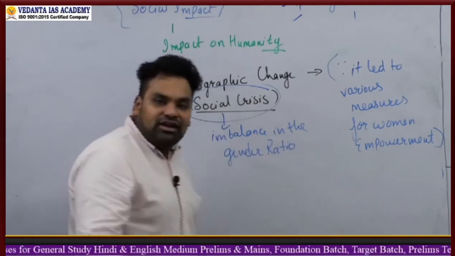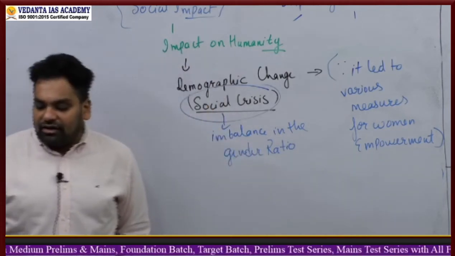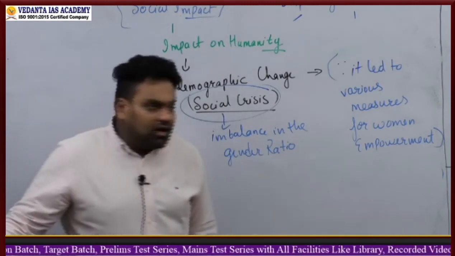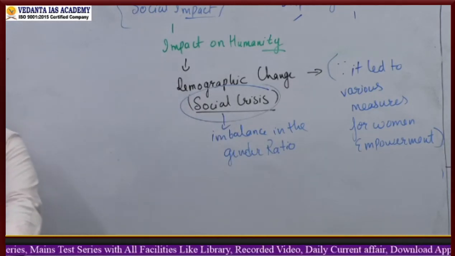So it actually proved to be a boon for women empowerment, right? That is something which we need to understand, right? So ये सारी चीजें हैं which were there in the social impact.